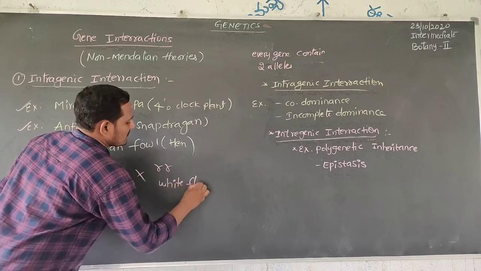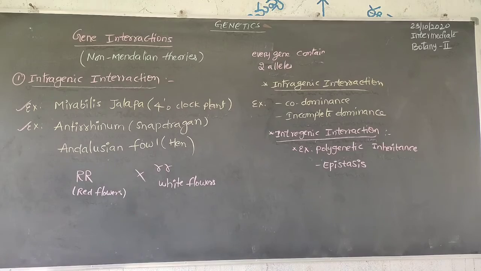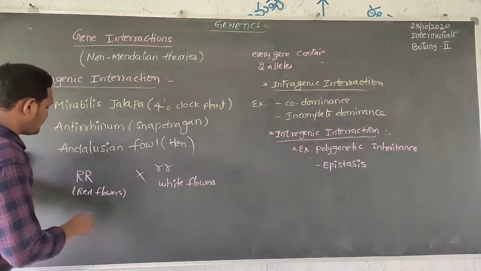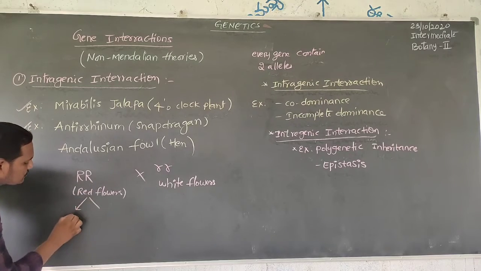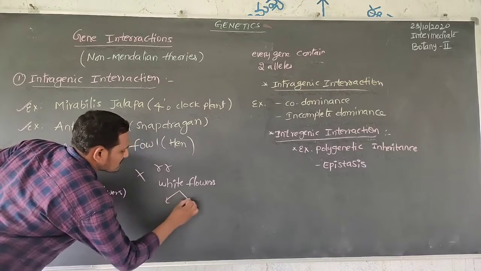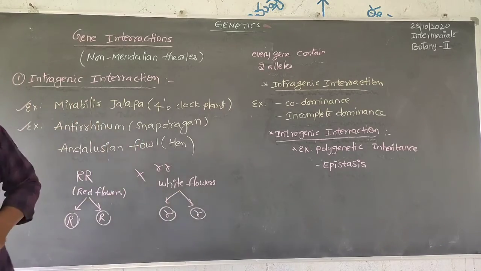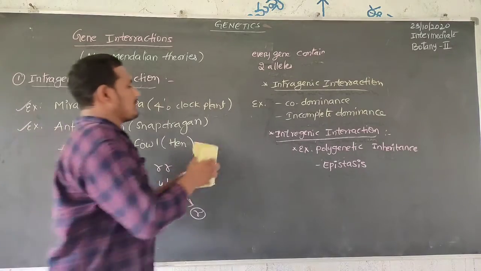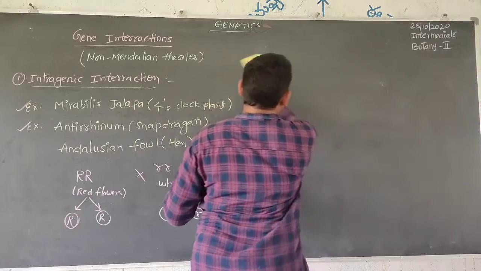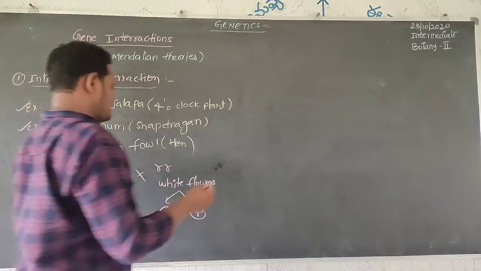The red-flowered plant gives gametes with capital R, and the white-flowered plant gives gametes with small r. What will we observe in the first generation?